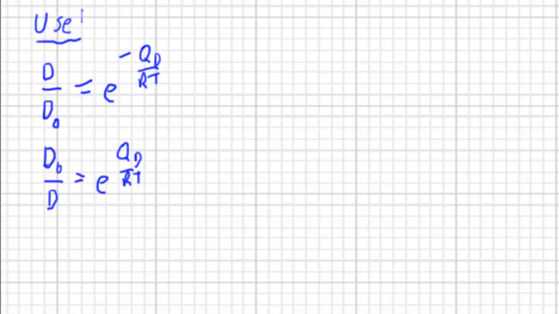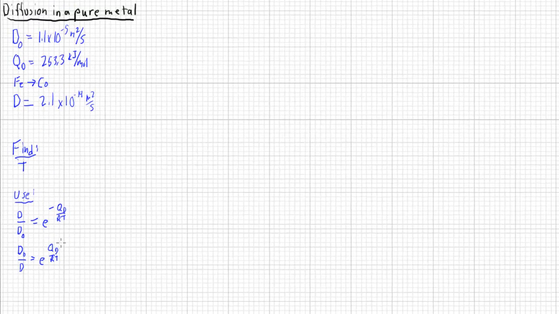Well, this is pretty much a plug and chug where we have D naught right up here, our diffusion coefficient here, e is of course a constant, QD is given right there, and R is the gas constant, so make sure we know that.